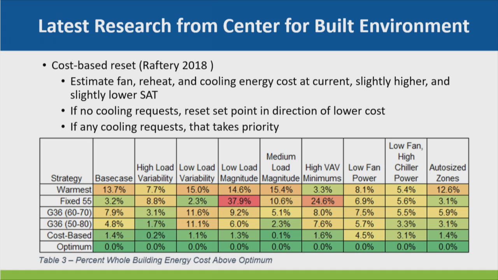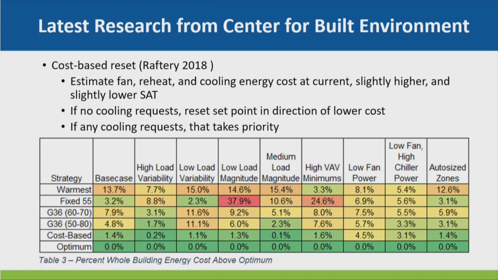So we calculate the reheat load happening at the zone level. We estimate what the fan energy would be using just normal semi-cube law curves. And then we just throw in efficiencies for the chilling, cooling and heating. We don't get into part load stuff or anything. It just has a COP in it, and that's that. We're trying to make it reasonably simple so it can be implemented in a general way.